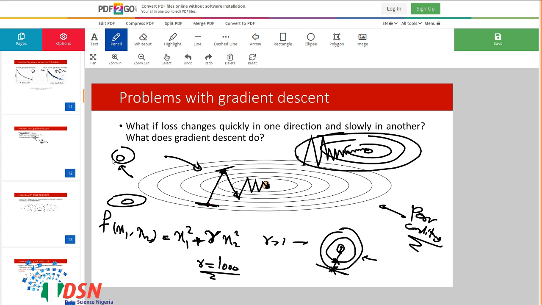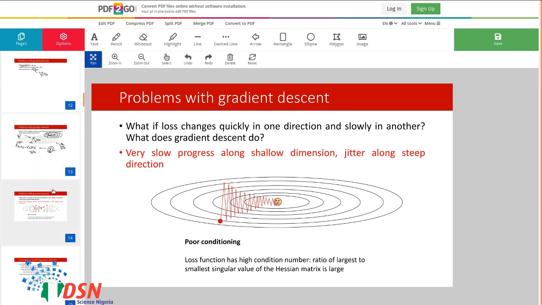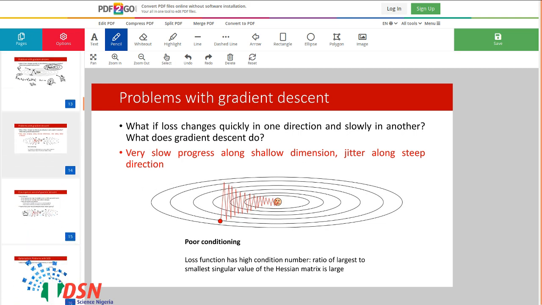It does not have a good condition, but a poor condition. Okay, as simple as that. So here we can see that we have jittering in this direction, and it is because of the poor conditioning problem. Okay.